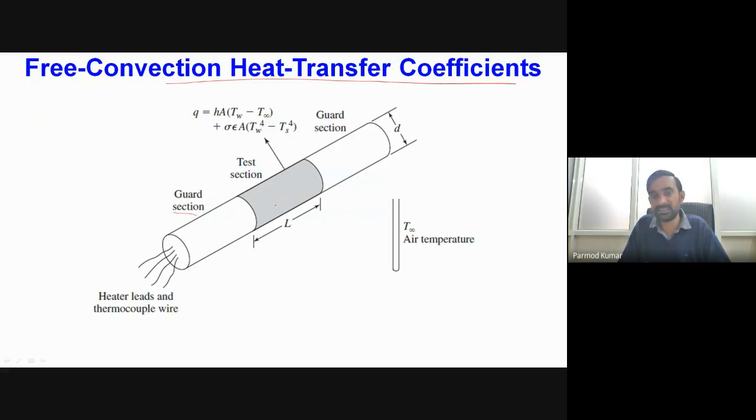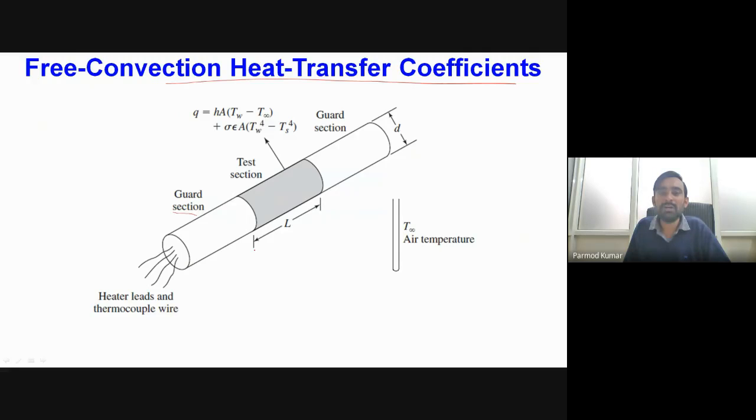Okay, so this is our test section which has length L, and this heated rod is present in our ambient. Obviously when air comes in contact with this heated rod, the temperature of the air will increase and its density will decrease. Because of that, the air will try to move upward due to buoyancy forces, and the volume evacuated by the rising air will be replenished with cold air.